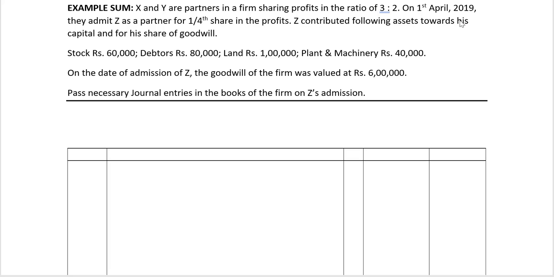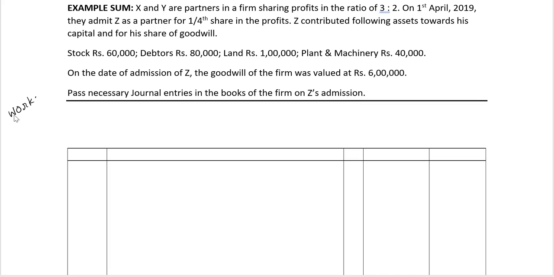On 1st April 2019, they admit Z as a partner for 1/4 share in the profits. Z contributed the following assets towards his capital and for his share of goodwill: stock ₹60,000, debtors ₹80,000, land ₹1 lakh, and plant and machinery ₹40,000. On the date of admission of Z, the goodwill of the firm was valued at ₹6 lakh. Pass the necessary journal entries in the books of the firm on Z's admission.